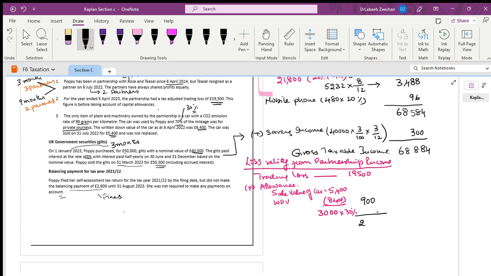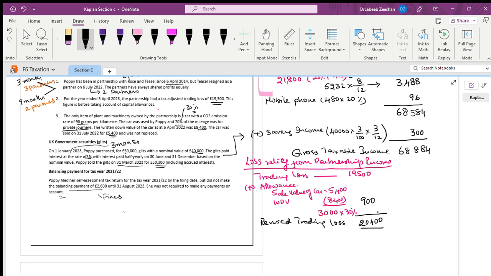I got confused. It's 20,400. Revised trading loss. Okay? Now, this is the revised trading loss.